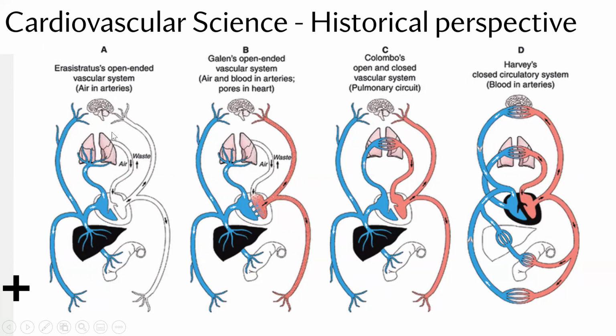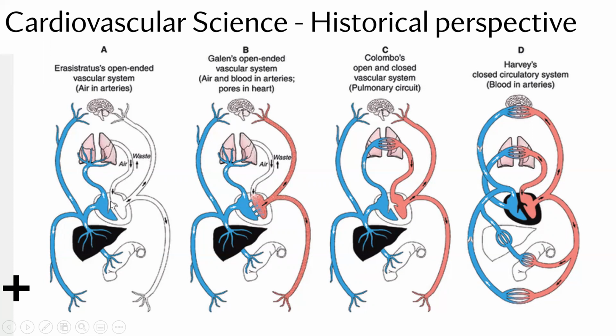The idea here was that air would go through the heart from the left side, the left ventricle, and the blood would be circulated through the right. These were two different streams, air and blood, supplied to various parts of the body in separate networks.